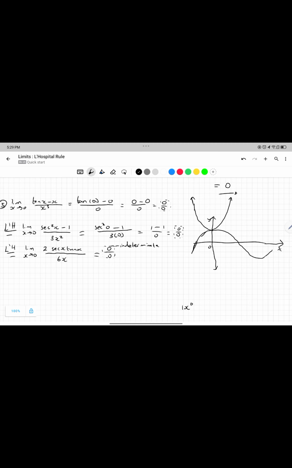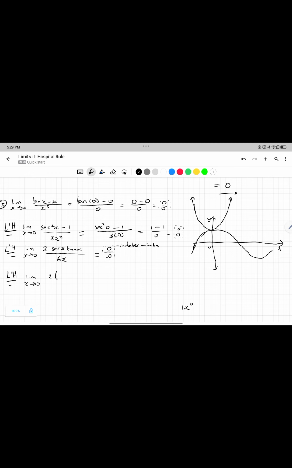So L'Hopital's rule again. Now we are forced to use the product rule. You have 2; my 2 is a constant, so we'll keep it aside. Then we derive this part.